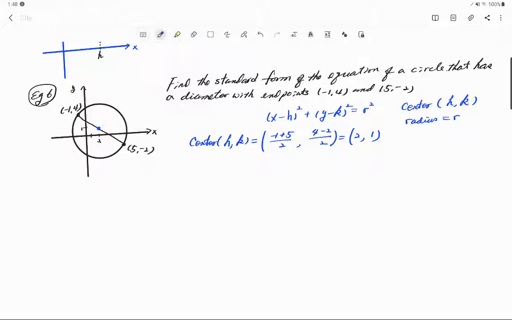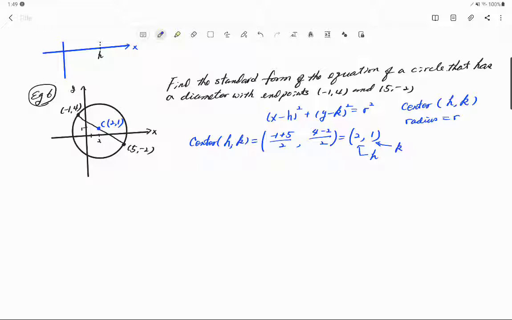So the center is 2 and 1. This 2 will be h, and k will be 1. So we found h and k.